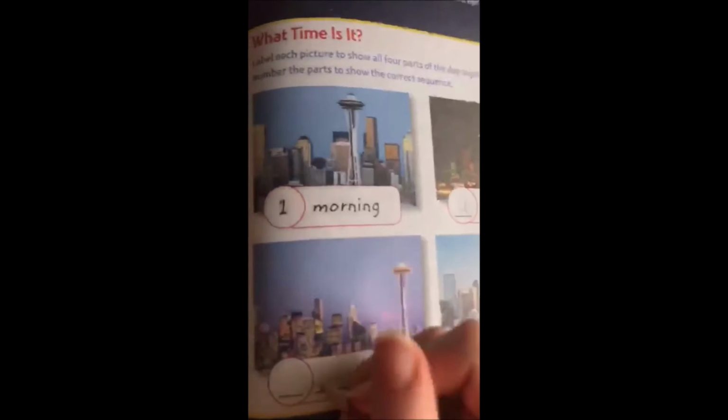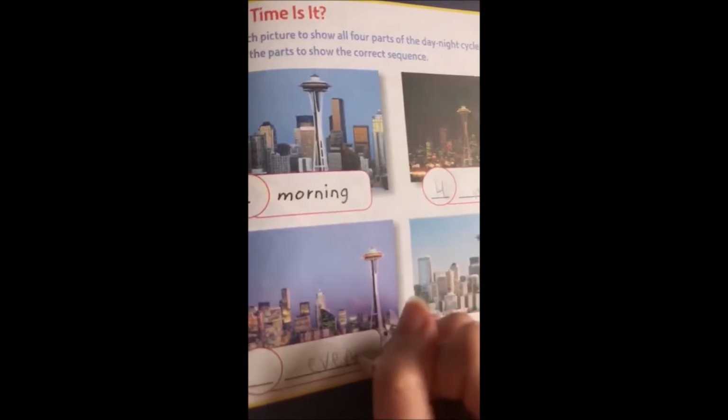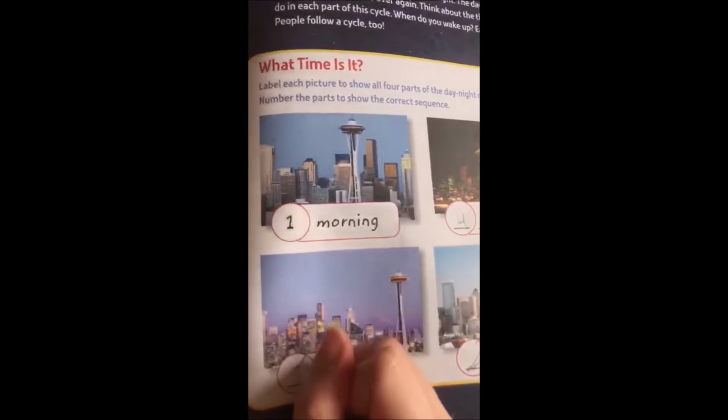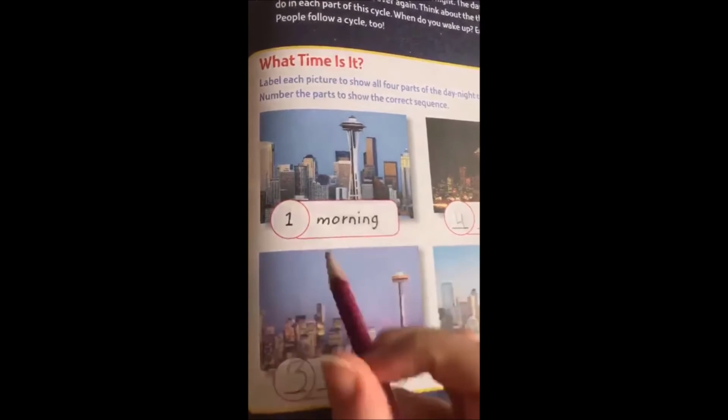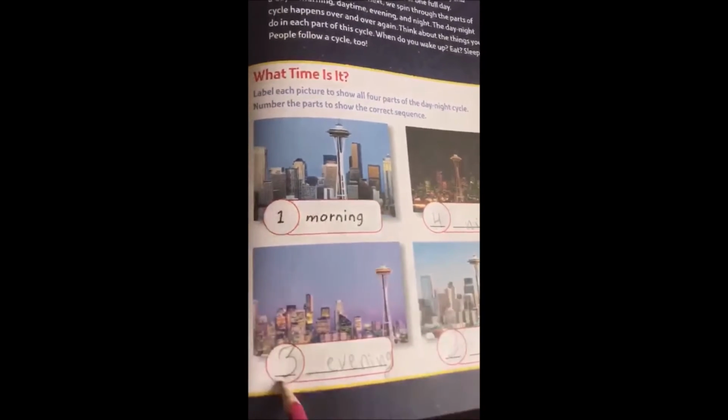So here I'm going to write daytime, if you can see. Sorry for the handwriting, but I'm holding with one hand and writing with the other hand, so it's going to be awful. Anyway, here's daytime and here is evening. So like this, it could be clearer for you. We said that the daytime is 2 and the evening is 3. So this is 1, 2, 3, and 4.